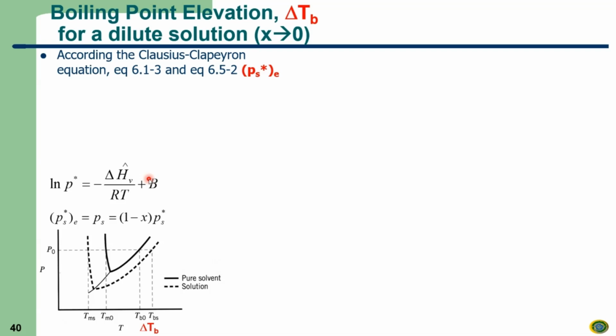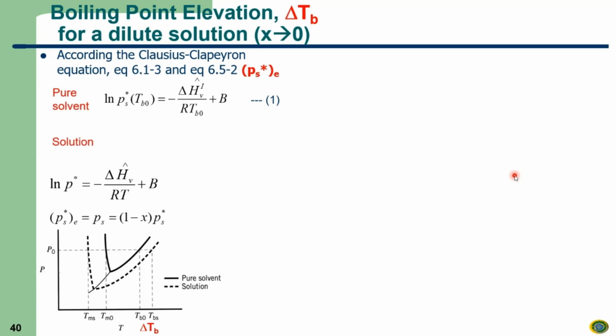So this is what we call the Clausius-Clapeyron equation, a modified Raoult's law, okay? So for the pure solvent, we have this. This is equation 1. We use the pure solvent here. TB sub 0 is the temperature here, and PS. This is easy to understand because this is the Clausius-Clapeyron equation.